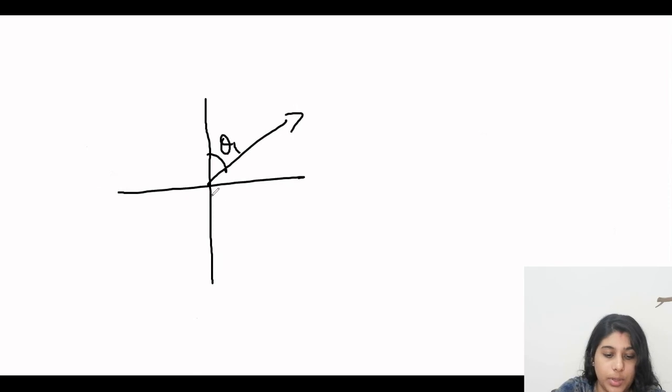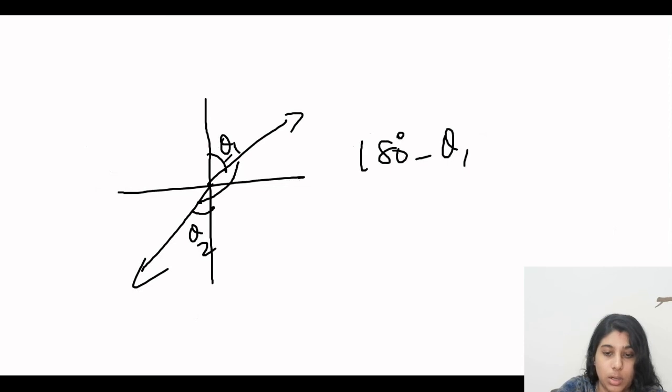And the last type of included angle we can measure is when one is in the first quadrant and the other is in the third quadrant. So what will be that angle? We have to find this included angle.